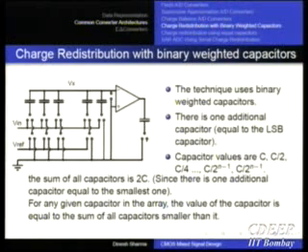Now let's see charge redistribution, and I think it is a strong jump, but we will work it out rather slowly.